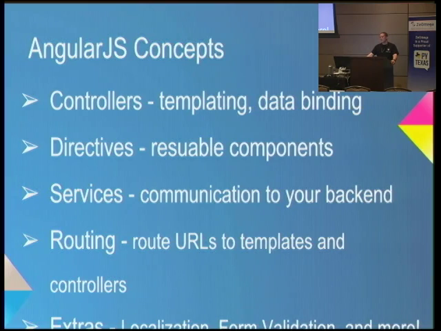We're going to talk about services. Services are how you bind your API to your front end and how they talk to each other. And we'll talk about routing. Now you're going to do a lot of your routing on the front end when people go to different URLs. You're going to do that in your JavaScript instead of on your back end.